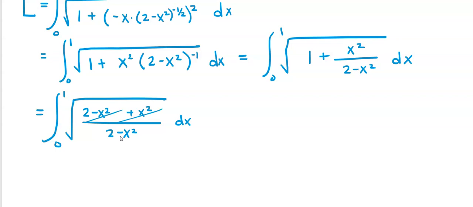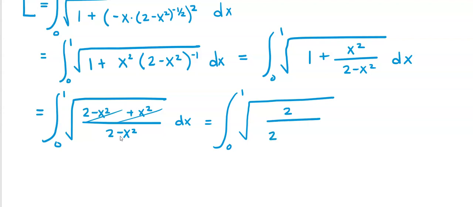Okay, and that leaves us with the integral from 0 to 1 of 2 over the square root of 2 minus x squared dx. And so I'm going to try and simplify this into a form that I can work with. And this denominator here is starting to look like some sort of trig stuff that we worked with before, but the 2 on top is baffling me for a minute.